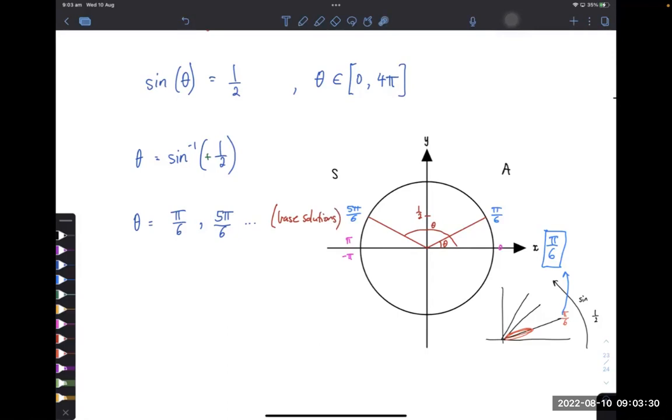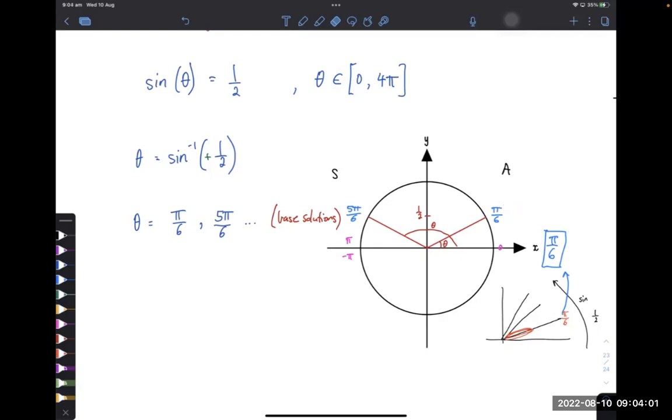But if I actually want to get back here, I can continue to rotate around the unit circle. If I rotate a full revolution, I get back to the same spot. If I rotate another full revolution, I get back to the same spot. I can keep on winding and winding and winding, and I'll get back to the same spot. So we can keep on repeating, and we'll go around the unit circle an infinite amount of times.